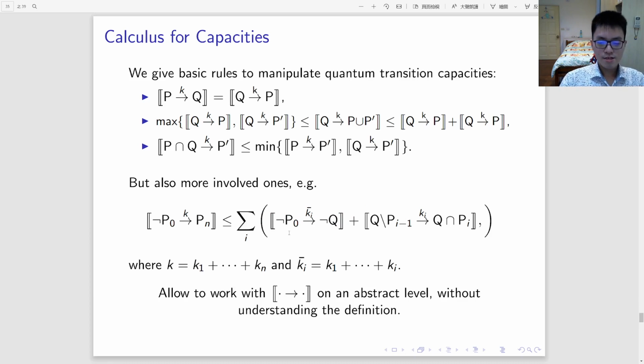So this allows us to work with the transition capacity on an abstract level without understanding the definition of the transition capacities. And here we can always use classical reasoning, purely classical reasoning.